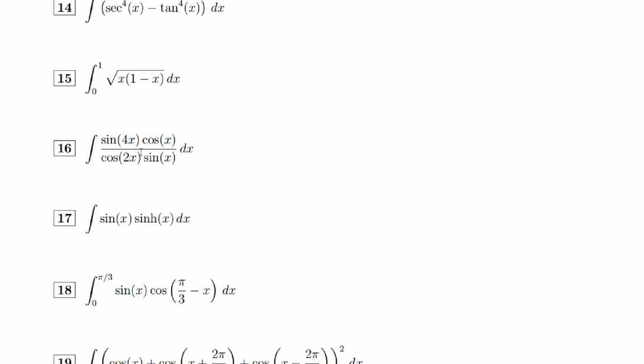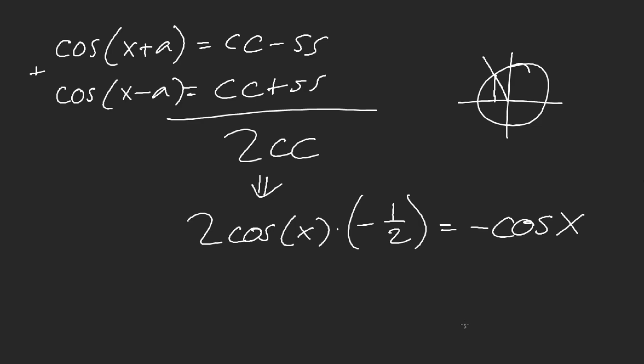I noticed I had a lot of time, so I'm like, alright, let's do this. And I realized this is a lot easier than I thought. I think it's best if I write it, because there are a lot of trig identities going on in this integral. Sine 4x is equal to 2 sine 2x cosine 2x, right?